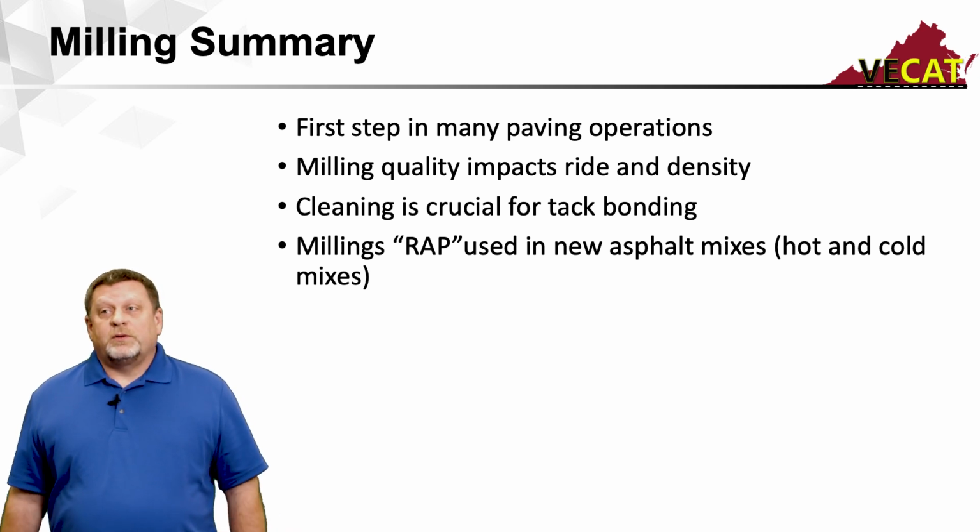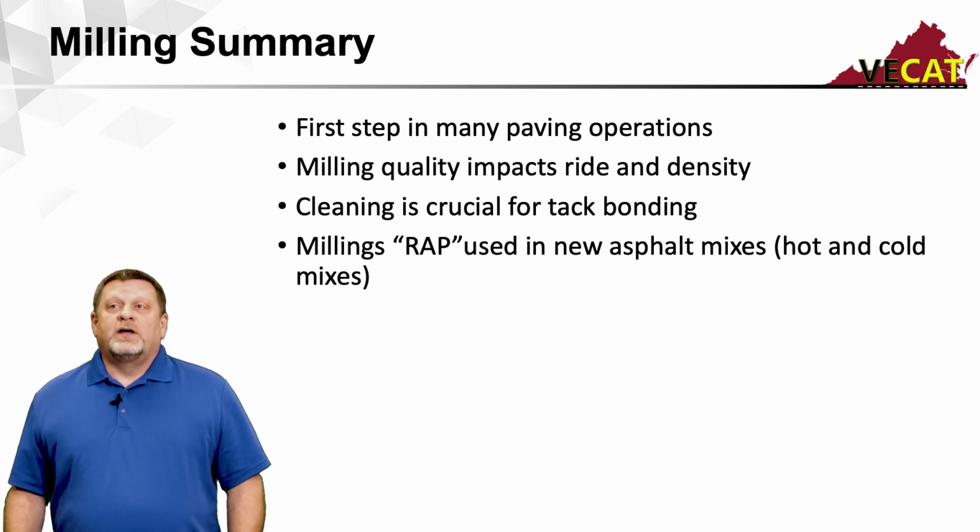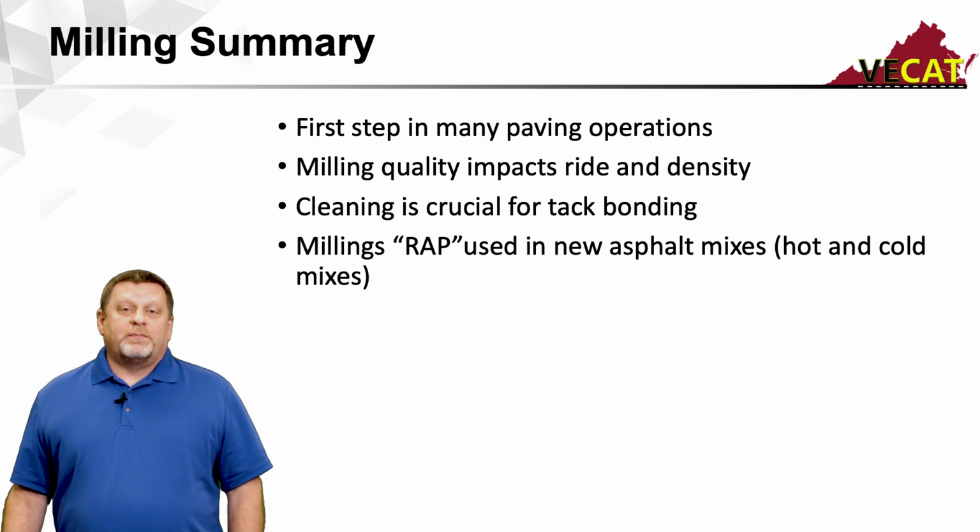In summary, milling. The first step of most paving operations, or at least many paving operations, is the milling. And that's to remove any deteriorated pavement and make sure that when you apply your new layer of pavement, you're going to get the maximum life out of it. Milling quality will impact the ride and the density of the pavement you lay.